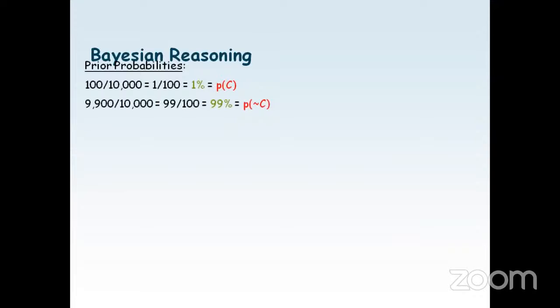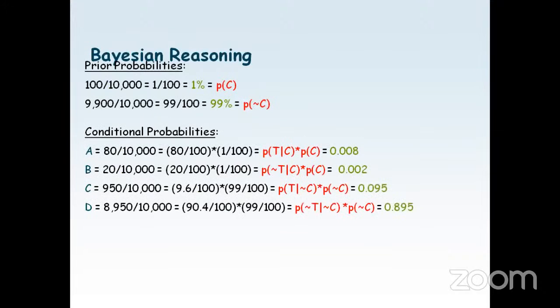Okay. The Bayesian reasoning is based on the prior probability. So you can see here the probability of C is 1%, the probability of not C is 99%, that is 99 by 100.